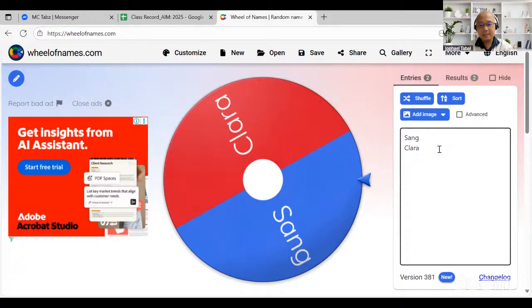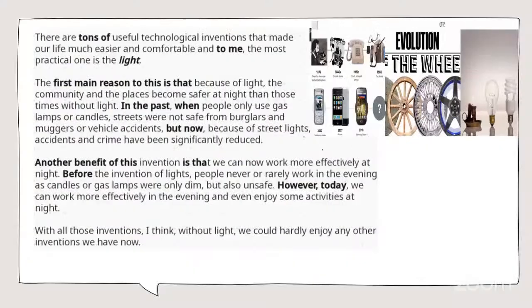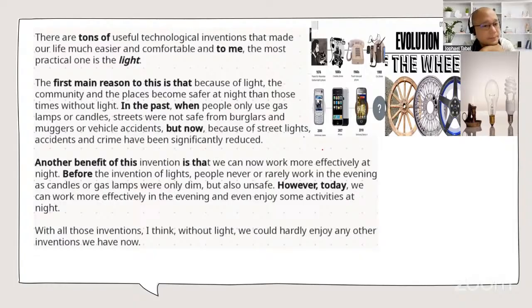There are tons of useful technological inventions that make our life much easier and more comfortable. And to me, the most practical one is the telephone. The main reason is that we can do anything with it.